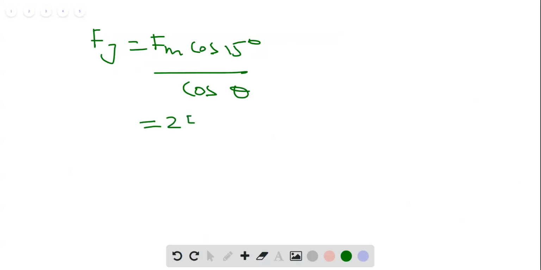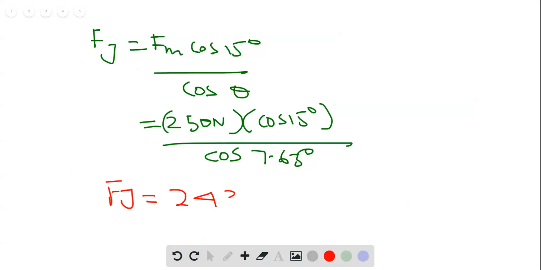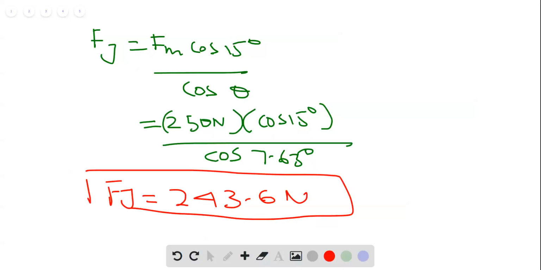So this is 250 newtons times cosine of 15 degrees, all over cosine of 7.63 degrees. And so if you plug in the numbers, Fj becomes equivalent to 243.6 newtons.